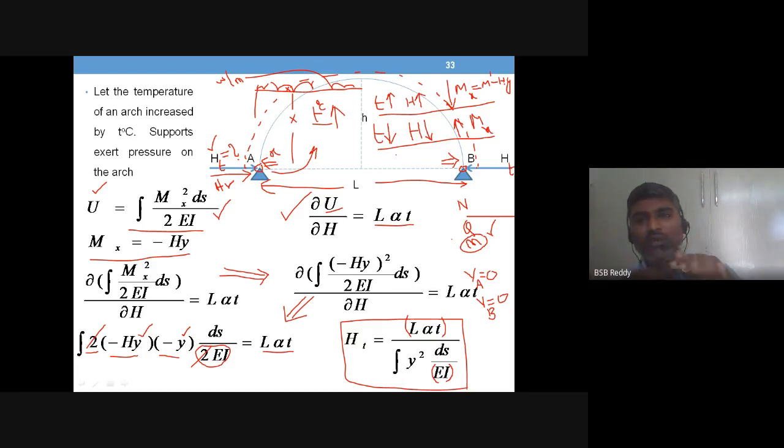But you have to worry about the temperature change when temperature is decreased. You have already designed for some bending moment in the arch, and now the bending moment is increased. So if you have designed for 100 kilonewton meter, because of temperature change it is going to be say 150, then you have to worry about it. So which is a critical effect? Temperature reduce is the critical effect, and temperature increase is desirable.